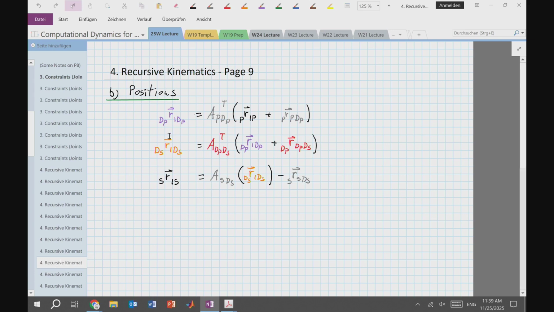And then what I ended with in the last lecture is doing this in a mini recursion, or in 3 steps, where I first compute the position of the origin of my dp system in dp coordinates, then the origin of the ds system in ds coordinates, and the position of the successor body in successor coordinates. It looks almost the same, 3 times, with a small difference.